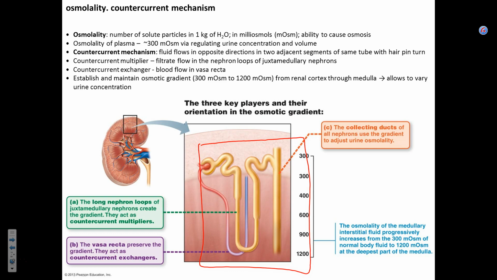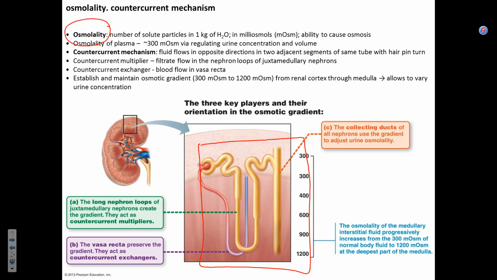How do we measure the concentration of urine? You can imagine that urine contains multiple chemicals, from urea to potassium, to drugs, to glucose, amino acids, anything that gets filtered. Now, instead of trying to express the concentration of urine as a concentration of each individual component, we use a concept of osmolality.